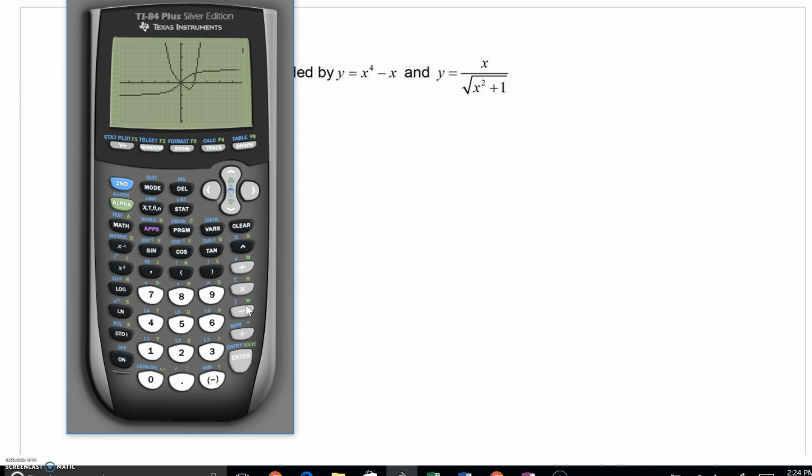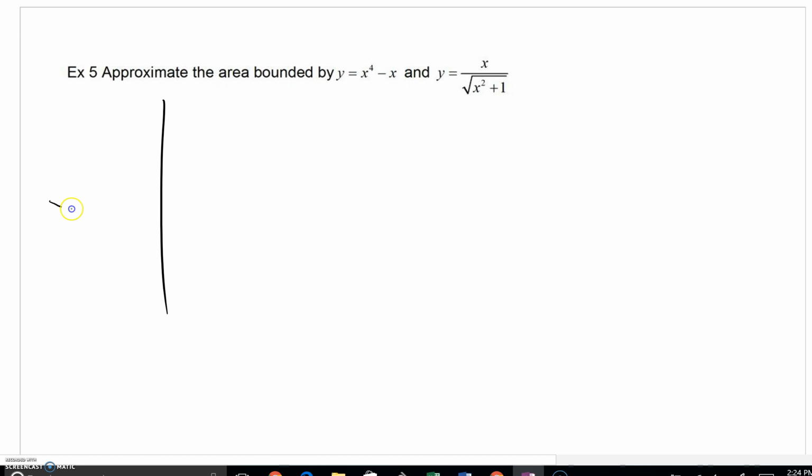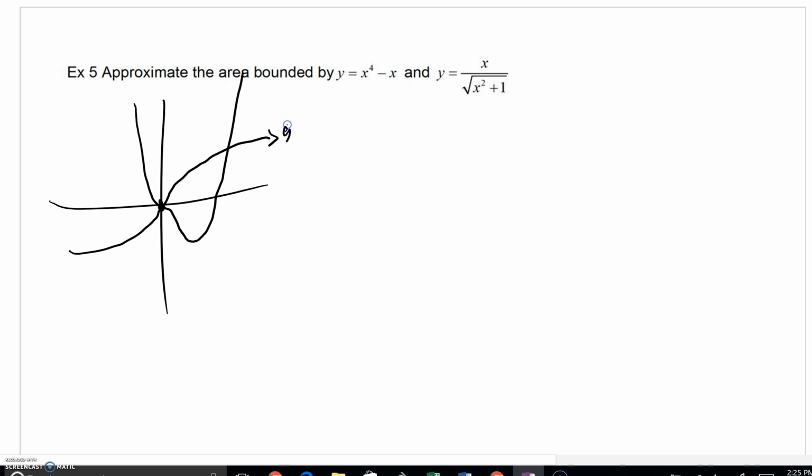Zoom 10 doesn't quite do the same justice, but the first curve is that curve that looks something like a parabola, not quite, obviously. It's a polynomial, and you can see it looked like this and then came down. The other curve looked something like this.